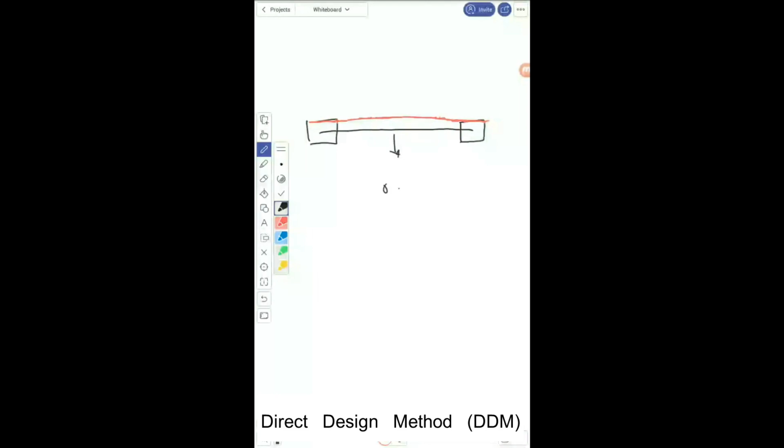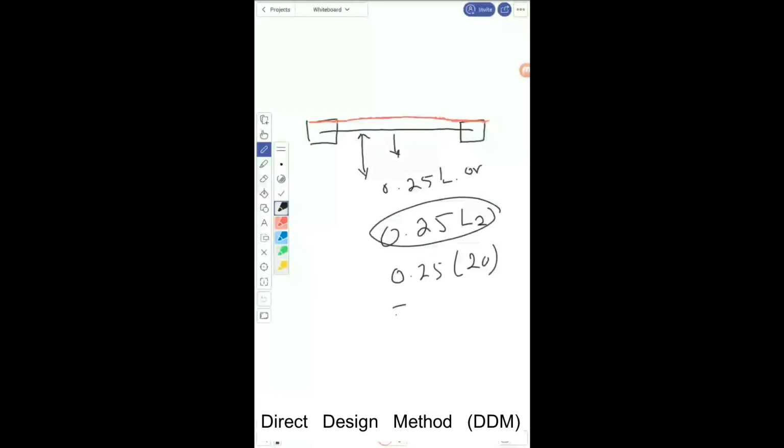It is 0.25 of L1 or 0.25 of L2. So the distance from this point onwards, for us, is 0.25 of L2, which we calculated as 0.25 into 20, and the answer was 5 feet.